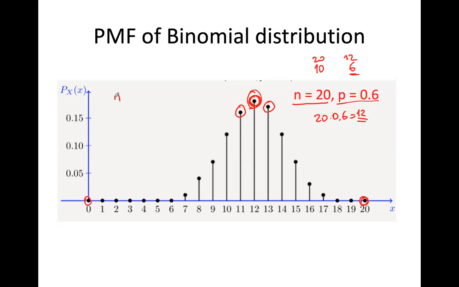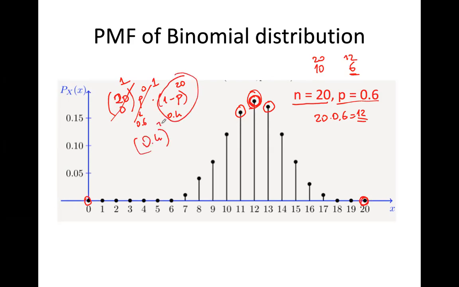N, which is 20, choose 0, which is 1, p to the power 0, no heads, which is 0.6, times 1 minus p, 0.4, to the power 20. So this is 1, this is 1. What is the probability here? 0.4 to the power 20. It is a very, very low number, right?